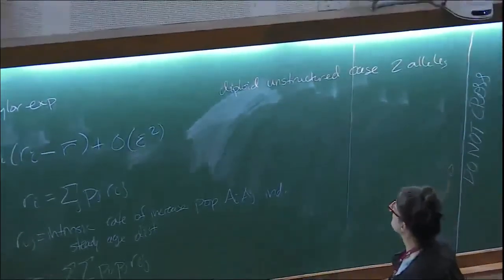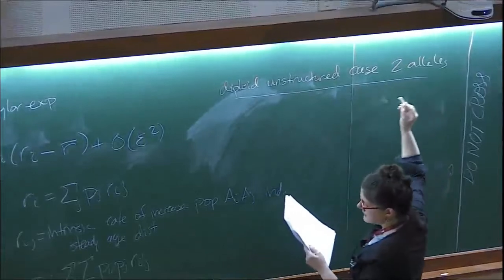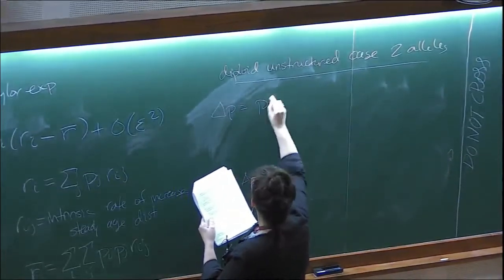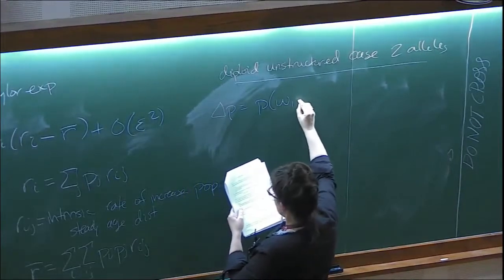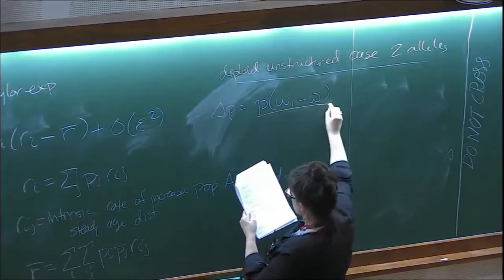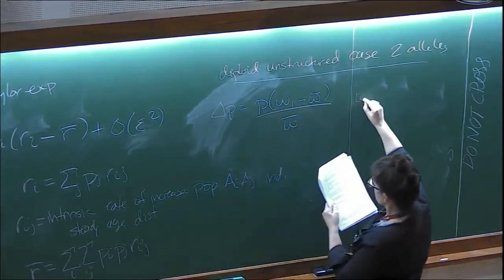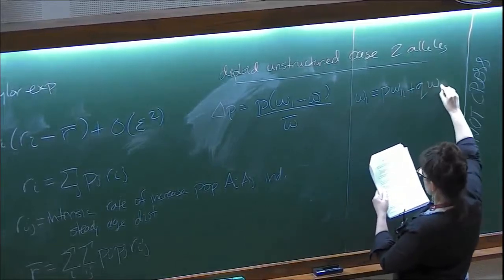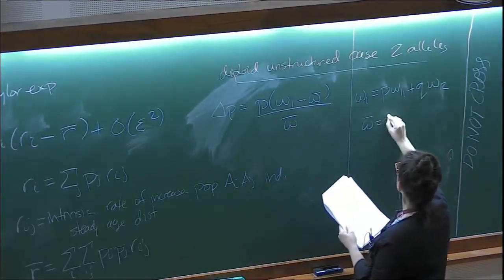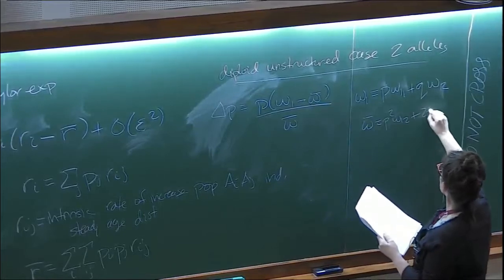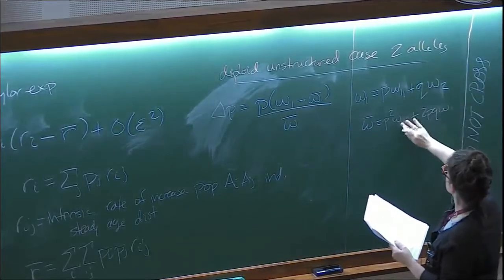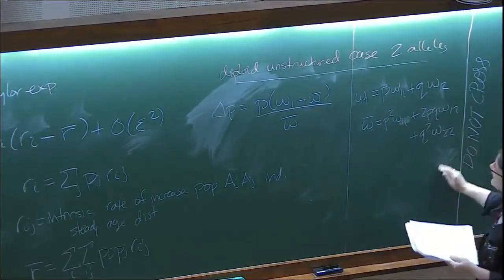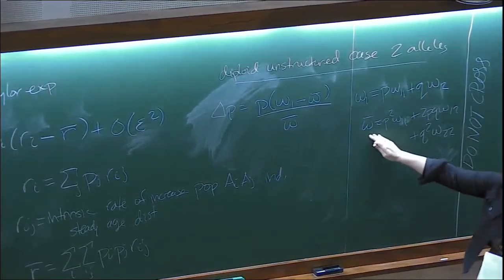This is what you would see in any population genetics textbook, assuming random mating, so that you could write the mean fitness this way.